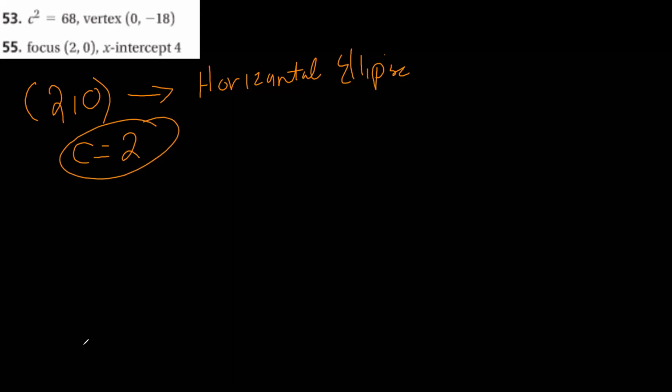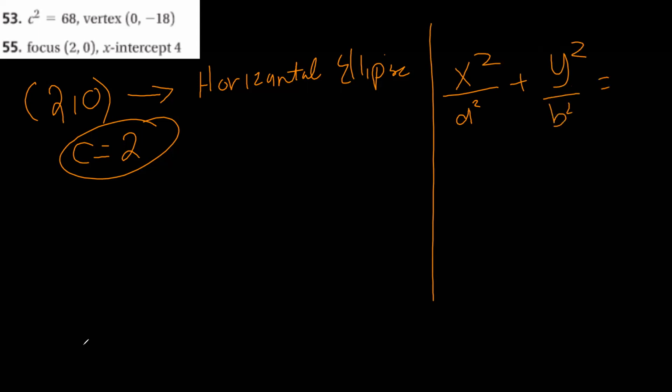In the horizontal ellipse, as all of us know, the equation is x squared over a squared plus y squared over b squared equals 1.